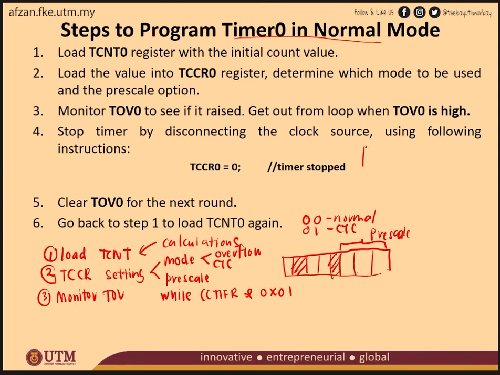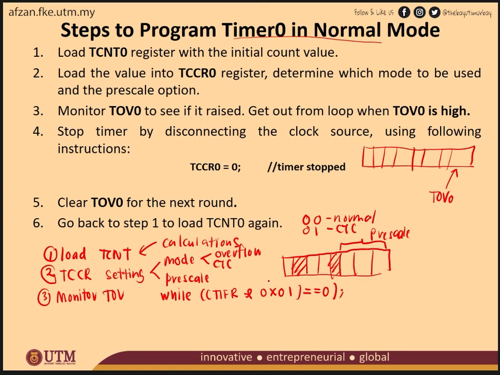If you go back to your TIFR, the location of TOV0 is at bit 0. That's why TIFR and with 0x01. I want to see whether my TIFR and with 0x01 is equal to 0.